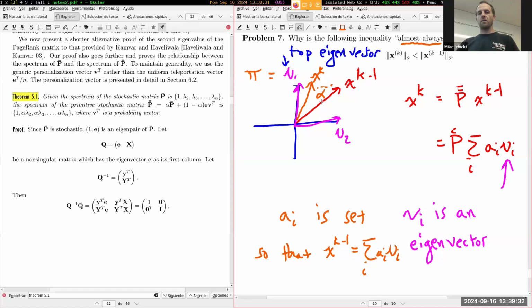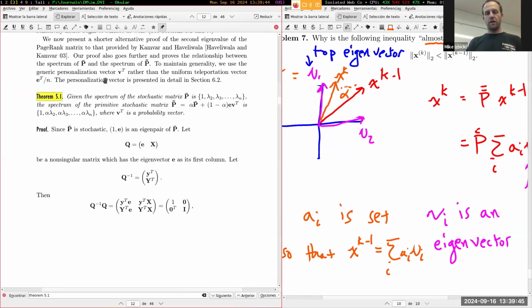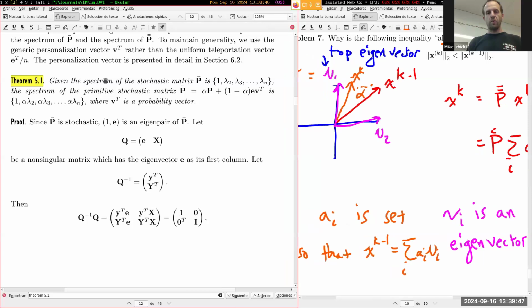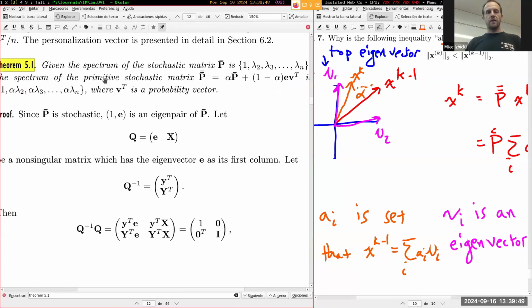Why are we shrinking? The question is, why are we shrinking to the top eigenvector? So first of all, why is this called the top eigenvector? The answer is because it has the largest eigenvalue. I'm going to zoom in over here on our theorem 5.1. Lambda is a common variable to use for eigenvalues. P bar is stochastic, and so the top eigenvalue must be equal to 1.